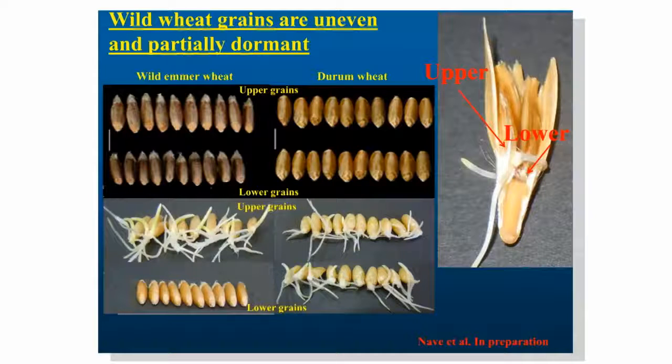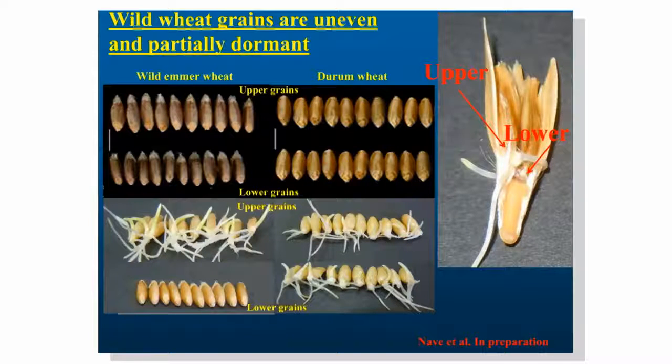In wild wheat, in the spikelet, which is the dispersal unit, you usually have two grains, one lower and one upper. And as you can see here, the upper grains are bigger than the lower grains. And in domesticated wheat, these differences disappeared. So this happened during domestication.